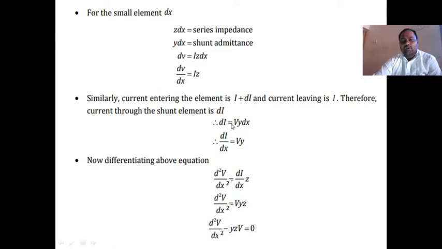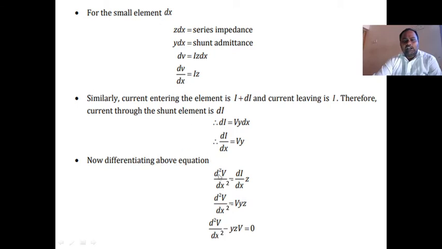Normally current I is equal to V by Z. So 1 by Z is nothing but Y. So the formula dI is equal to Vy into particular length dx, that is Vy dx. What happens to dI by dx? That is equal to Vy. We have the voltage equation and current equation. dV by dx is equal to Iz, dI by dx is equal to Vy. So now differentiate above equation.